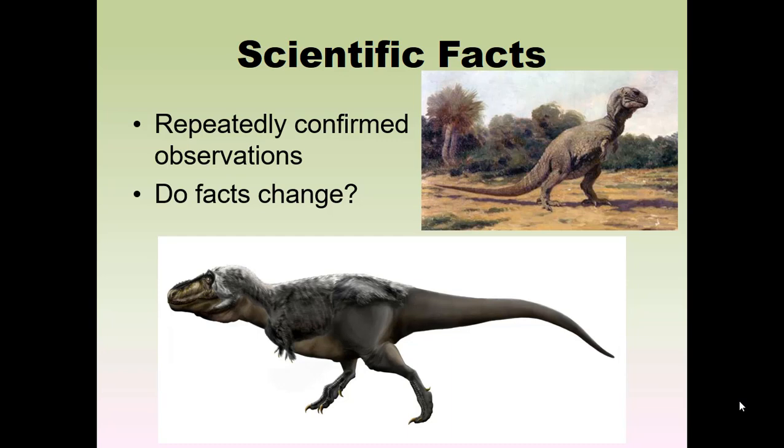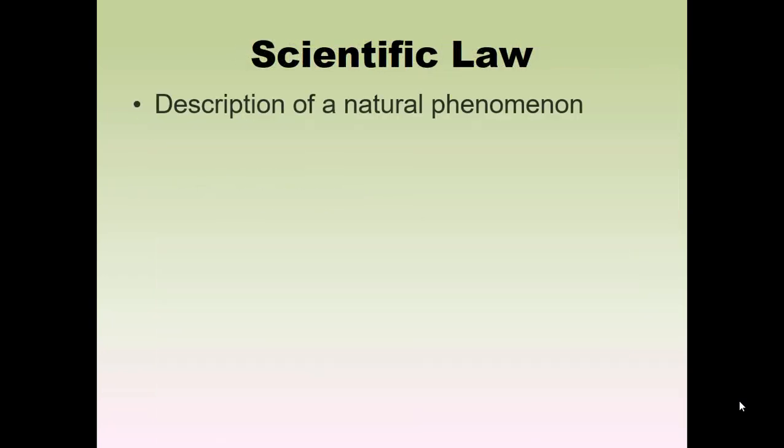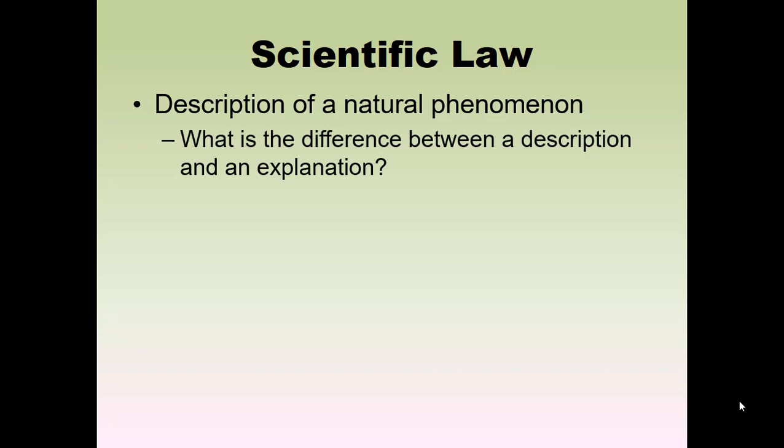Now, when we talk about scientific laws, these are descriptions of natural phenomena. One of the things that I want you to keep in mind is, is a description the same thing as an explanation? This is going to be a very important concept for us coming up here.